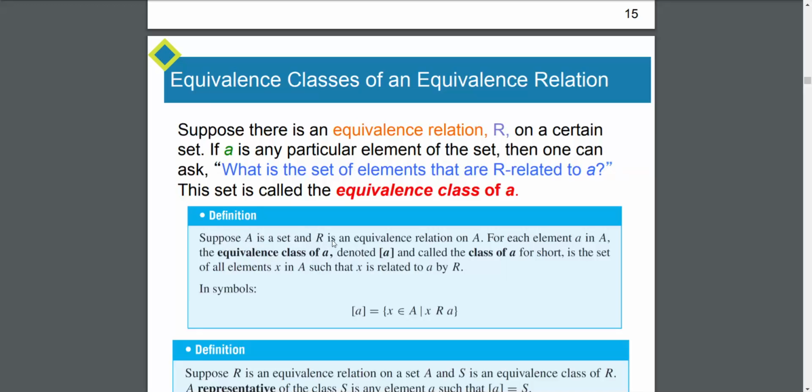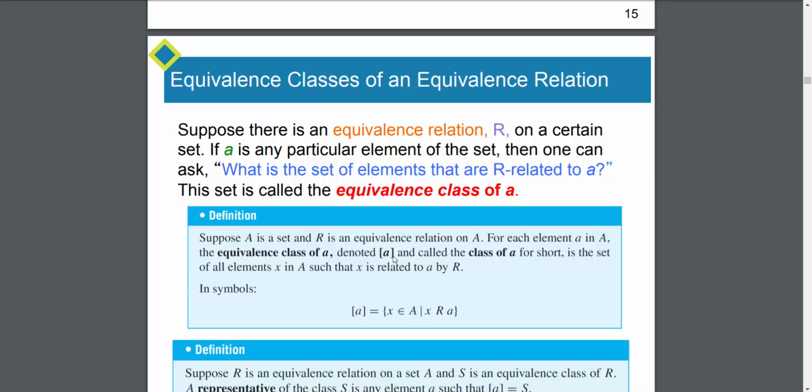So A is a set and R is the equivalence relation on A. The elements that share the relationship are called the equivalence class of A, which is denoted by the symbol here.